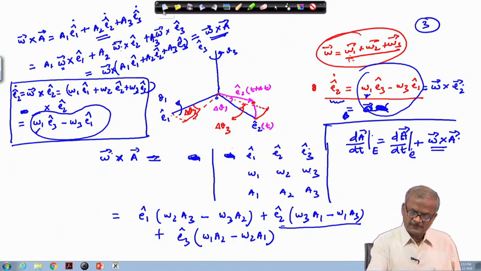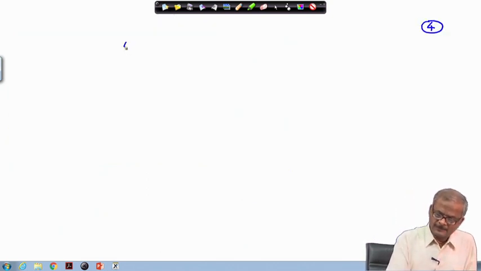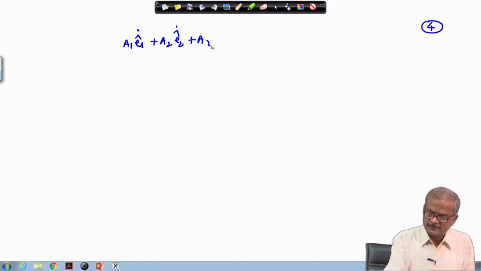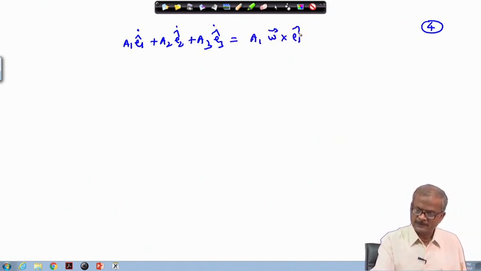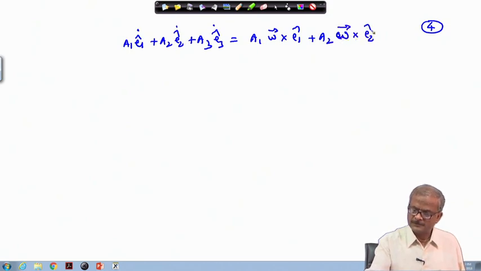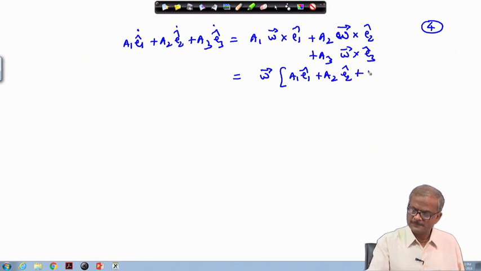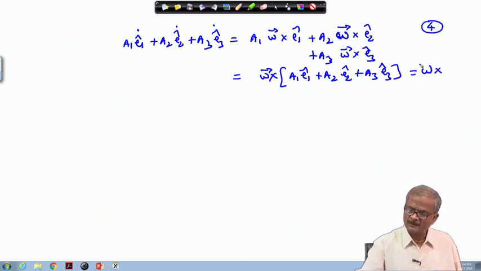So, concluding, what we have is A1 times E1 cap dot plus A2 times E2 cap dot plus A3 times E3 cap dot, equal to A1 times omega cross E1 plus A2 times omega cross E2 plus A3 times omega cross E3, and we have taken this omega outside and then written this as A1 E1 cap plus A2 E2 cap plus A3 times E3 cap, which is written as omega cross A.